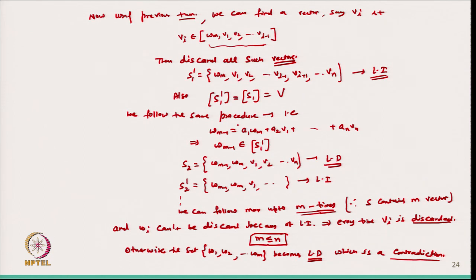Okay, so once we reach this point and all the V i's are removed, then it becomes linearly independent, and we cannot go beyond that. So, in this case definitely m will be less than or equal to n, and so we are able to finish this.